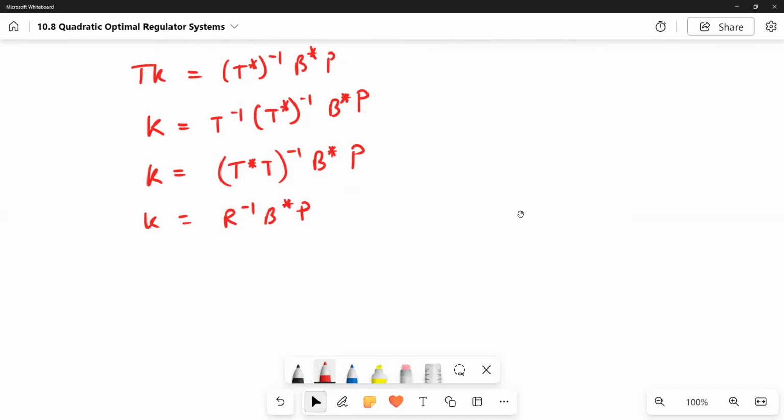Using this gain matrix K, we can find our optimized control input, u(t) equal to minus K x(t). Now what about equation B?